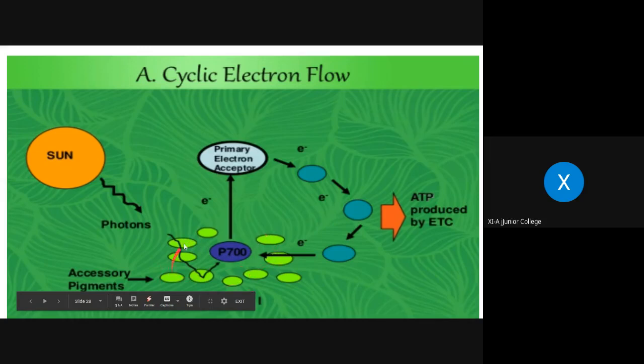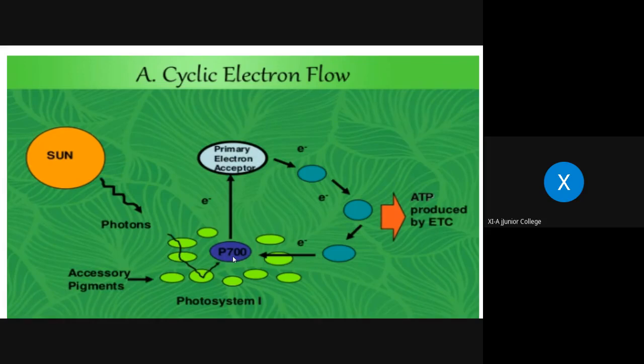The blue colored one is the main pigment, chlorophyll A. This chlorophyll A absorbs maximum light of wavelength 700, so this is called P700. This is photosystem 1, also called pigment system 1. P represents photon as well as pigment. So P700. What is 700? You understood?